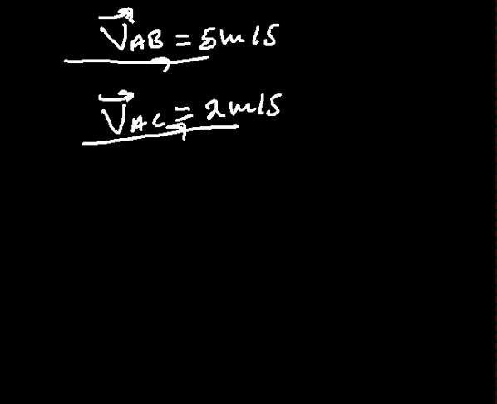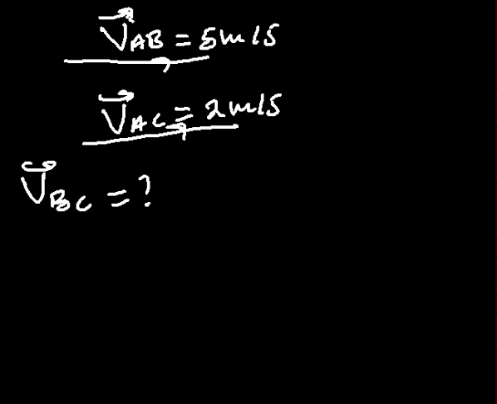As you can see here, we have three frames of reference involved: A, B, as well as C. Now, what is VBC if this is the case? Of course, there is something I didn't specify.